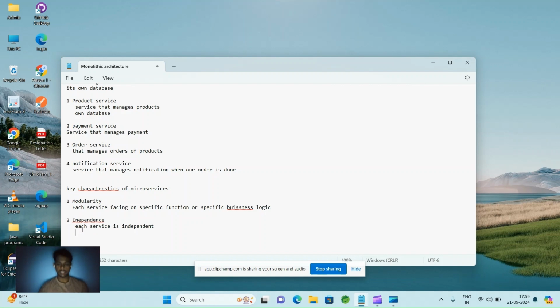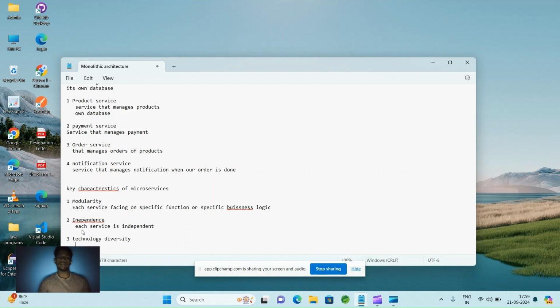Okay, let's see another one, technology. In a monolithic architecture, when we go with one language, we have to do the entire project in this same language.